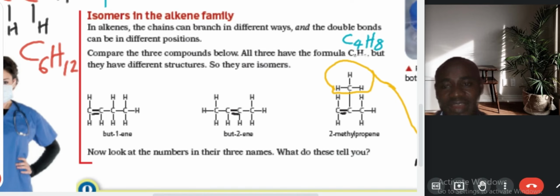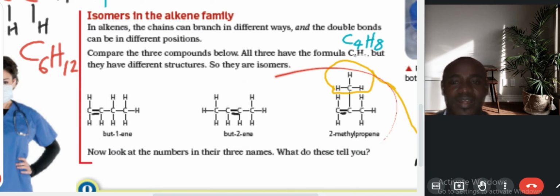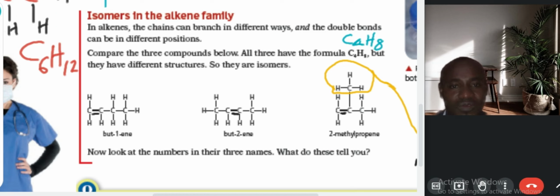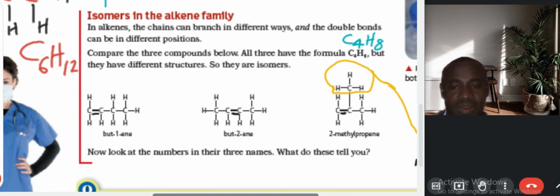So these are the isomers of C4H8. They have the same formula, but different structure or structural formula.